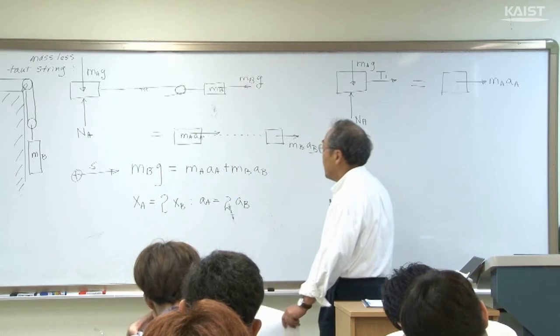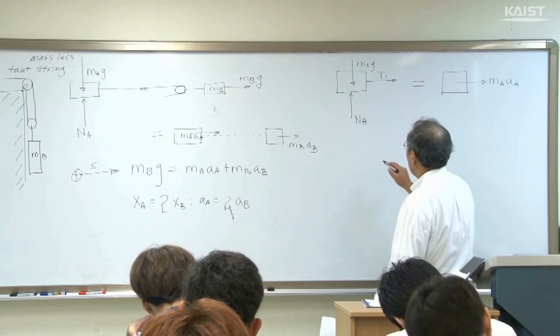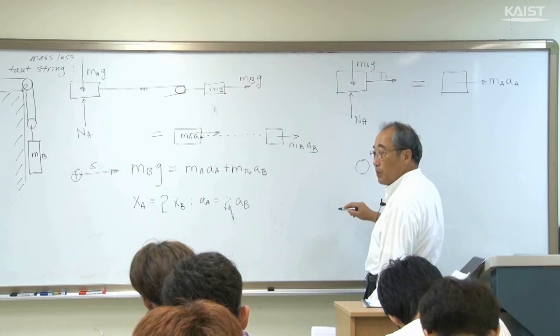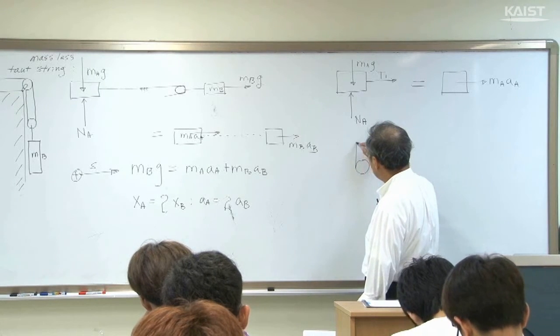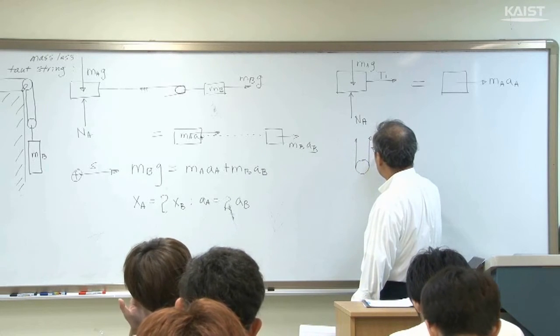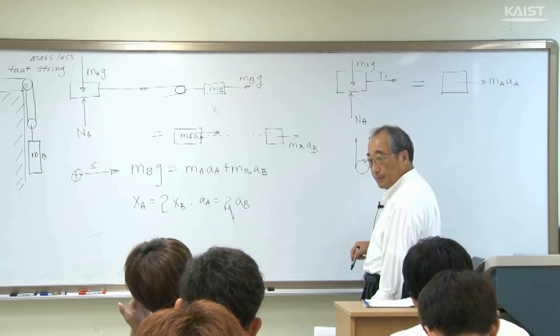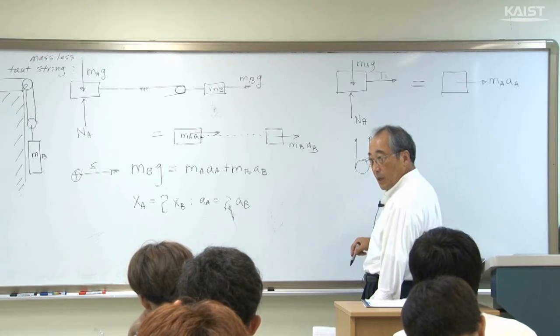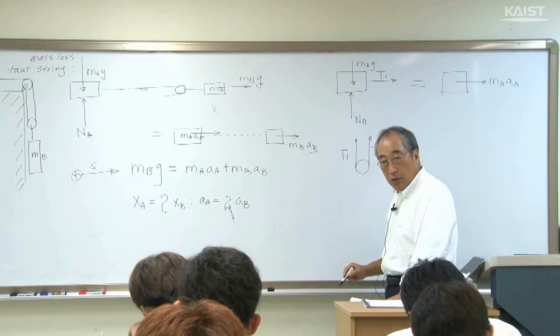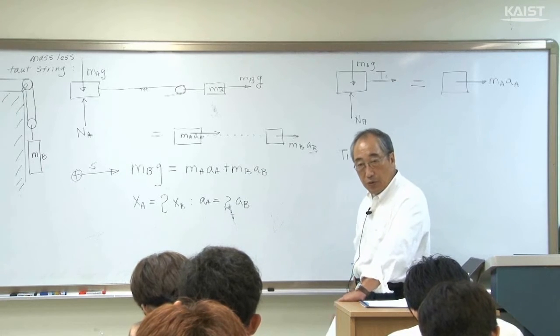Now there is another dynamic element, the moving pulley, massless. This tension has to be T1. Due to the symmetry, the tension of this one has to be T1 too.